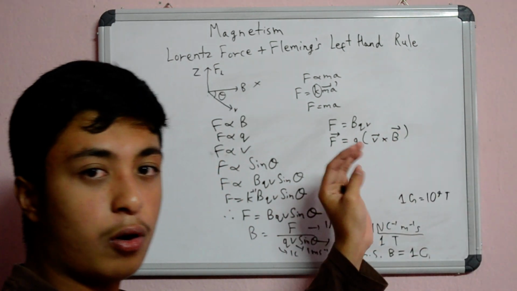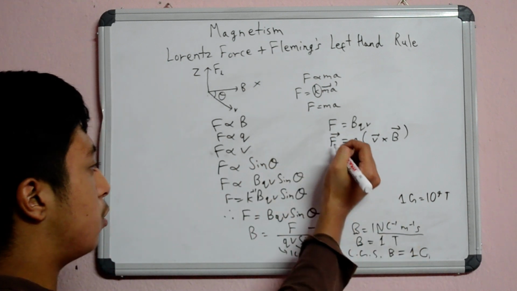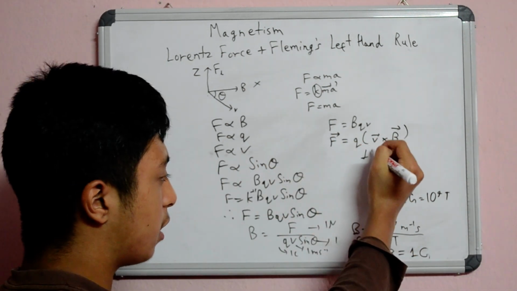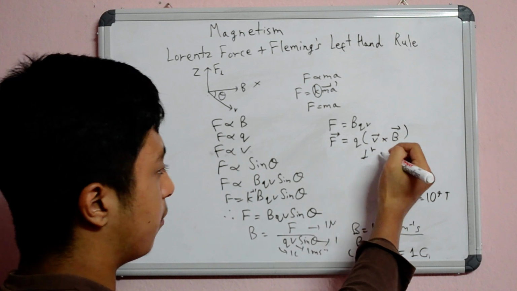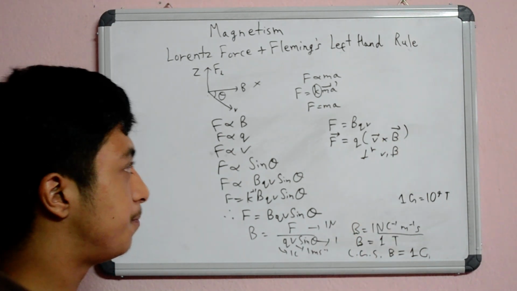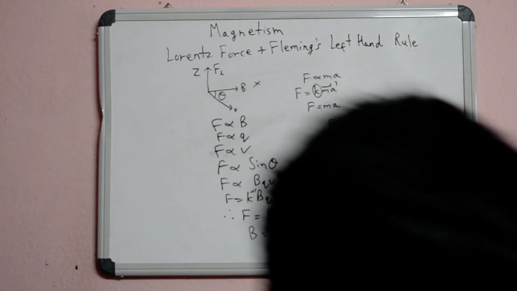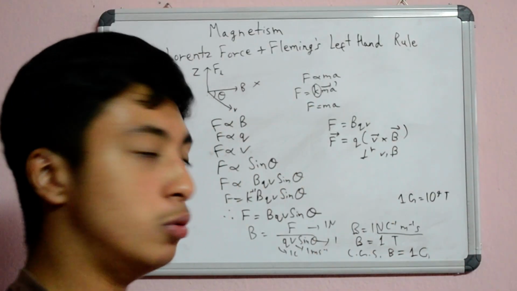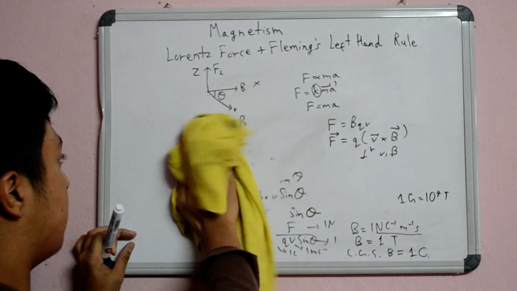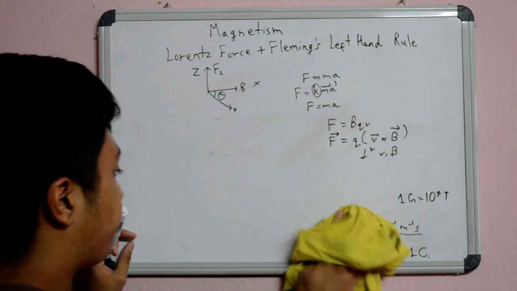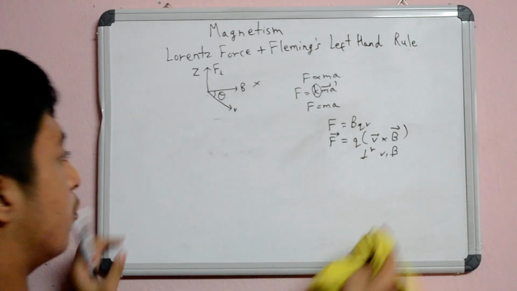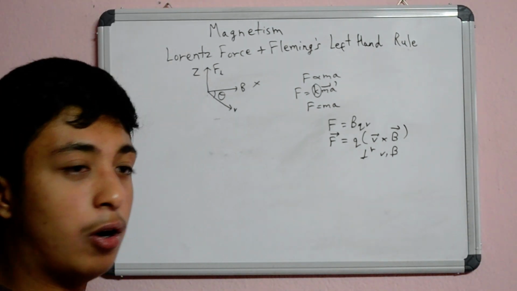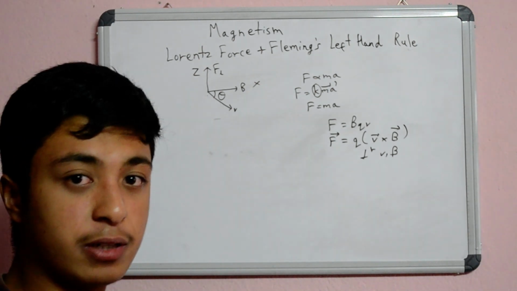So according to the law of vector multiplication, this Lorentz force is perpendicular to the plane containing velocity and magnetic field, which introduces us to Fleming's left-hand rule, which can give the direction of the Lorentz force when we know the direction of the velocity of the charged particle and magnetic field.